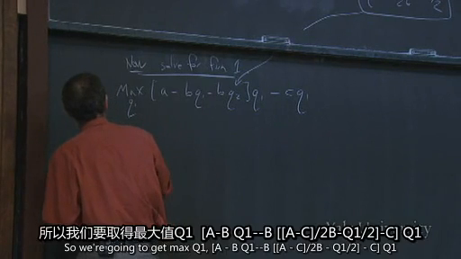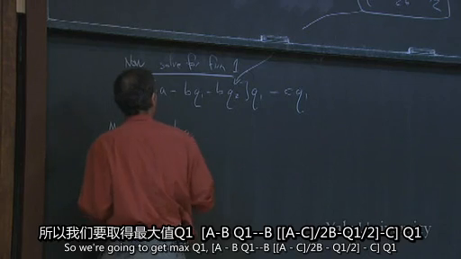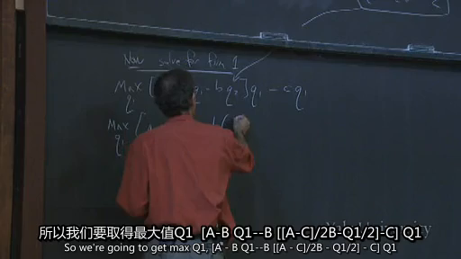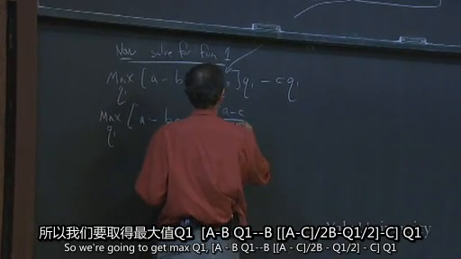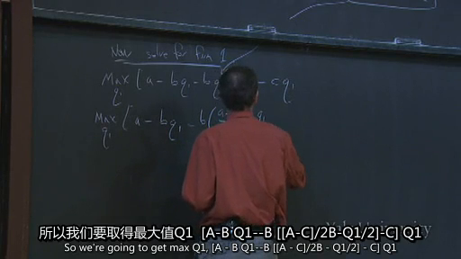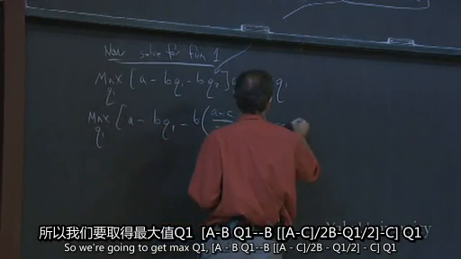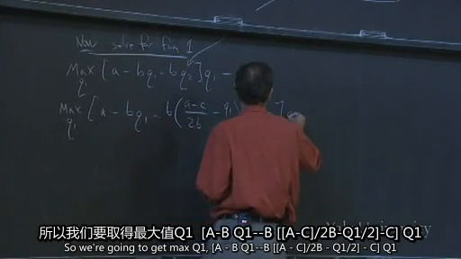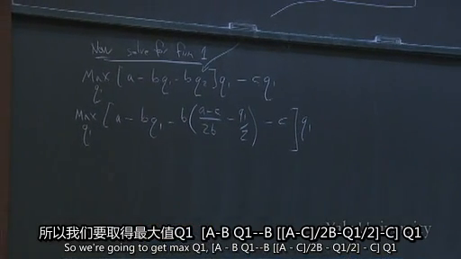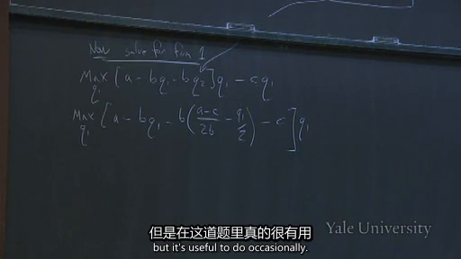So we're going to get max over Q1 of A minus B Q1 minus B, big bracket, (A minus C) over 2B minus Q1 over 2, close bracket, times Q1, minus C Q1. Why don't I put the C inside the bracket as well while I'm at it? Everyone okay with that? I'm doing algebra on the board, which is not fun, but it's useful to do occasionally.